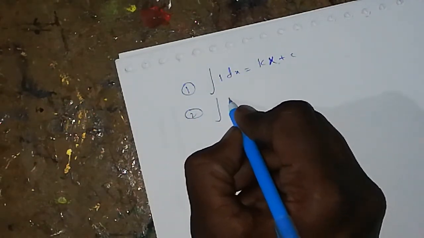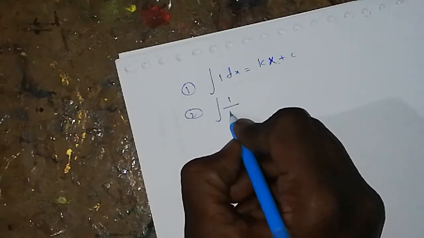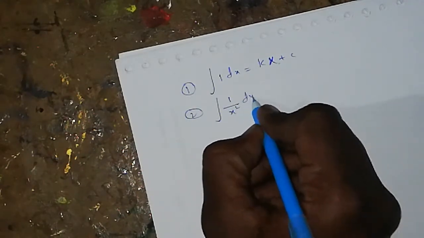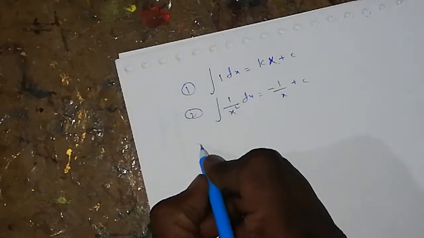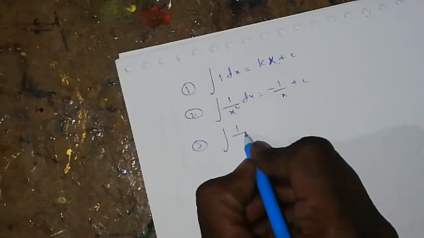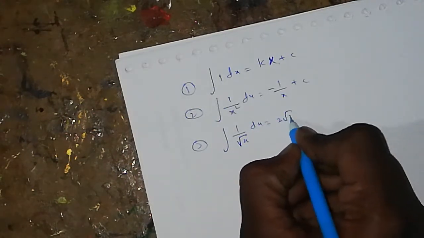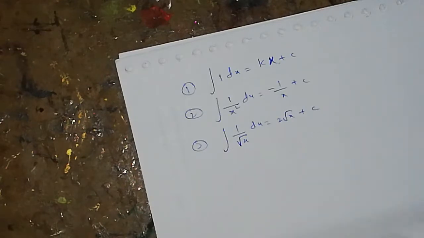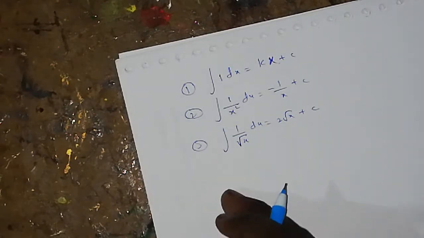Integration of 1 by x square dx is equal to minus 1 by x plus c. What is the third formula? Integration of 1 by root x dx is equal to 2 root x plus c. These are the integration formulas.